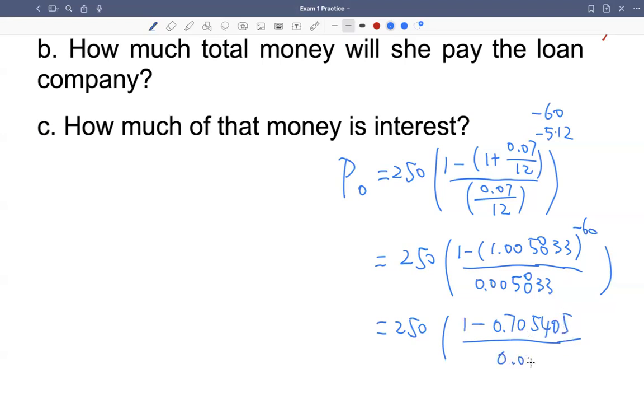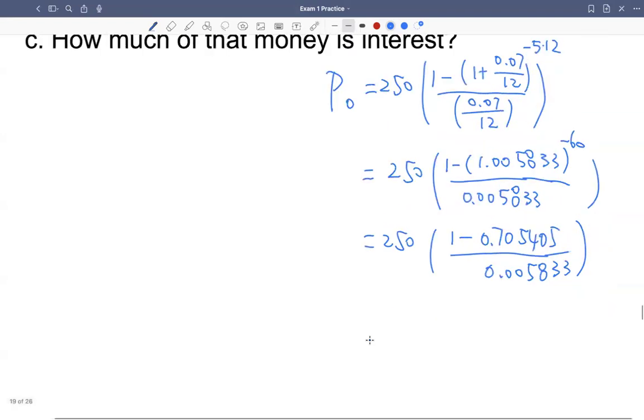The denominator is still the same. Then subtract this number from 1 to get 0.294594.